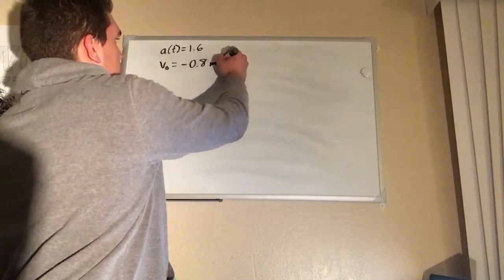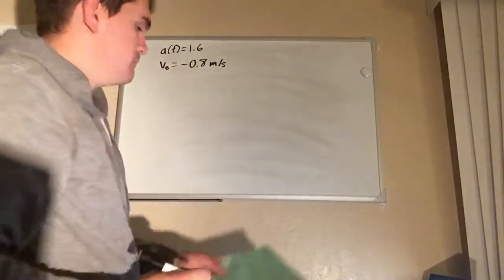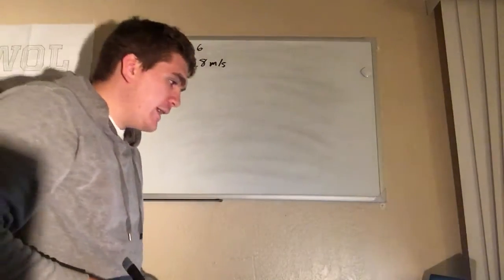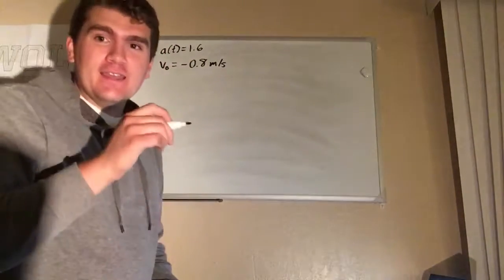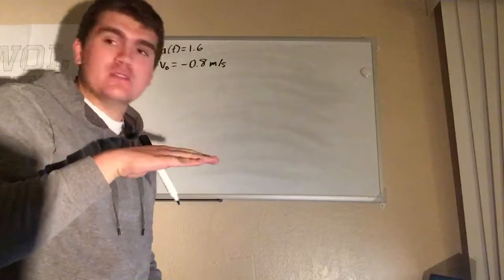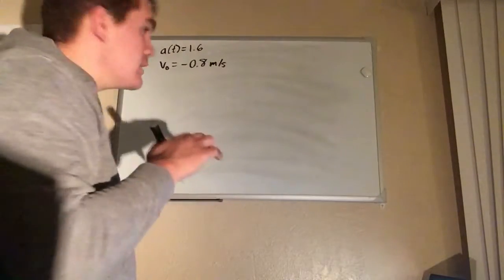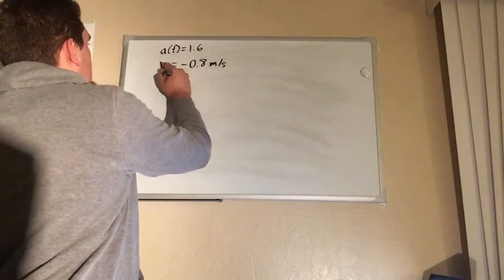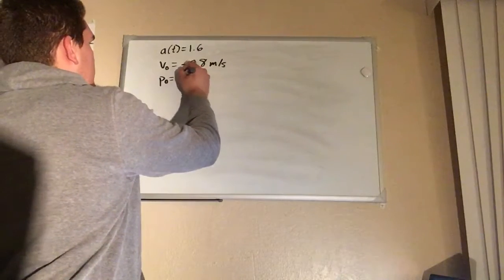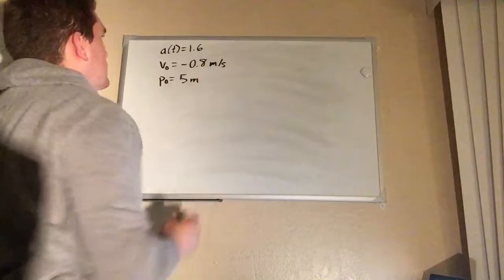So we can write that there. And we know that it starts doing this when it's 5 meters above the surface. So that gives us initial position, which is 5 meters.